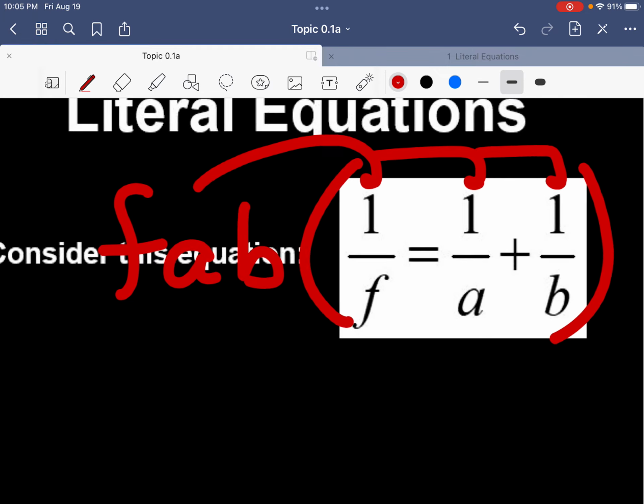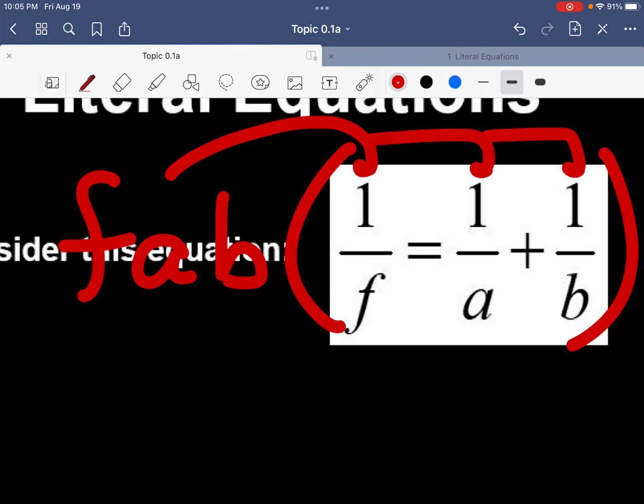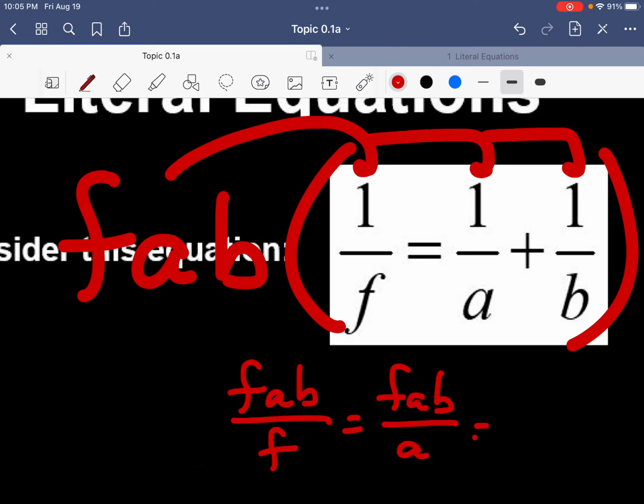To each fraction means to each numerator. So I have fab all over the original f. I have fab all over a. And I have fab, whoops, it's not an equal sign there, it's a plus sign. And I have fab over b.